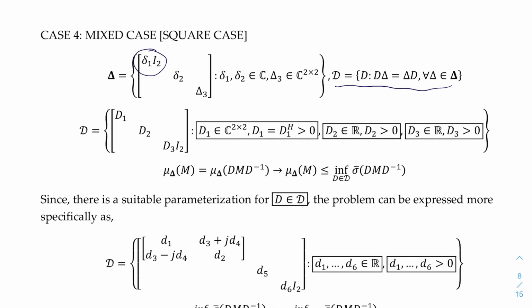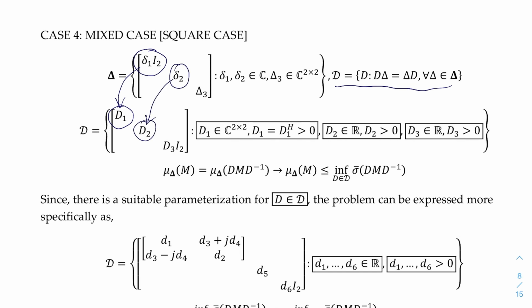Since the repeated diagonal delta entails a full Hermitian complex 2 by 2 D1 submatrix, right?